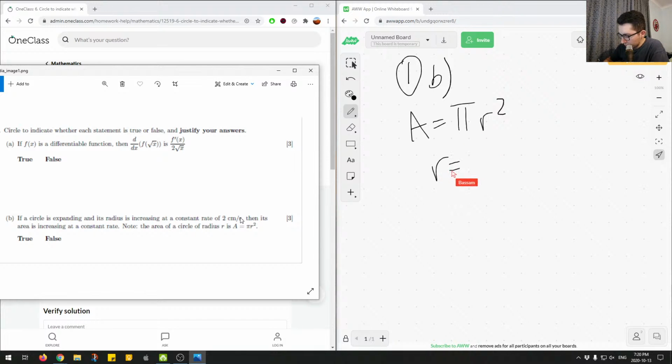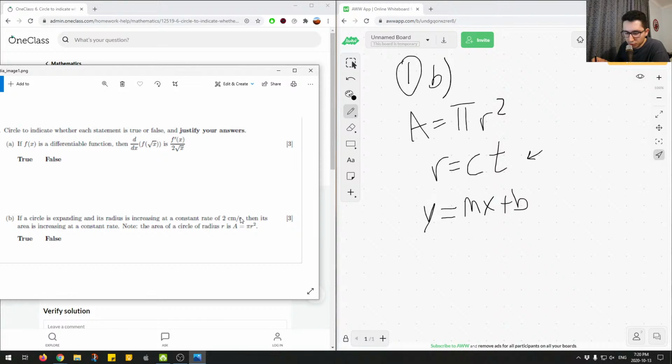We could say r is some constant times t, where t is time in seconds and is multiplied by a constant. You can also think of the simple format, y equals mx plus b. Here r is our y and t is our x, and this is a linear equation, so the radius is increasing at a constant rate.